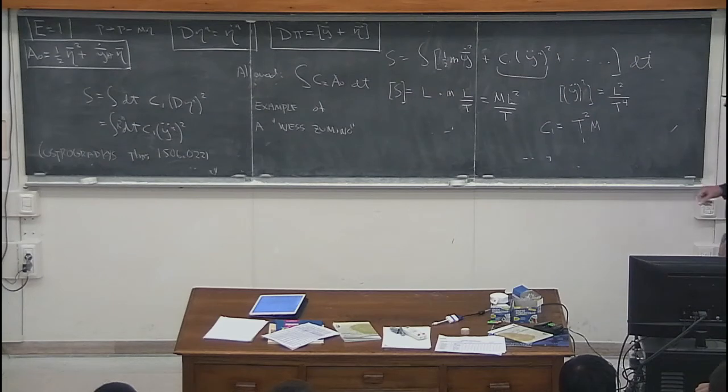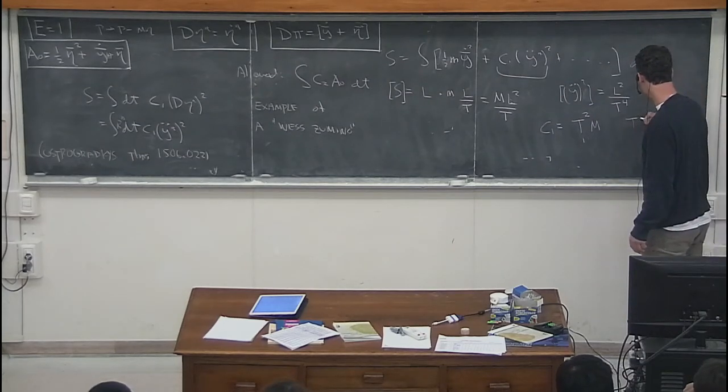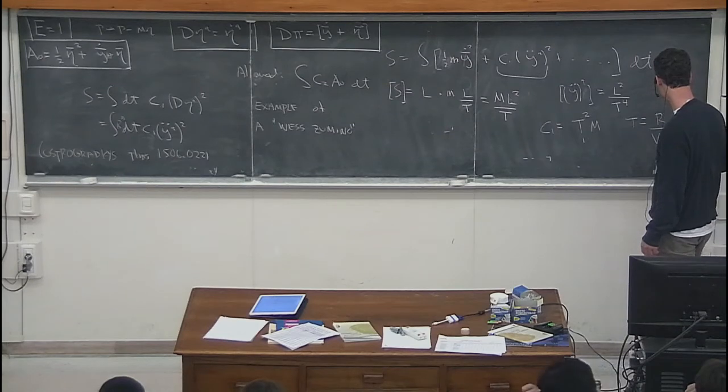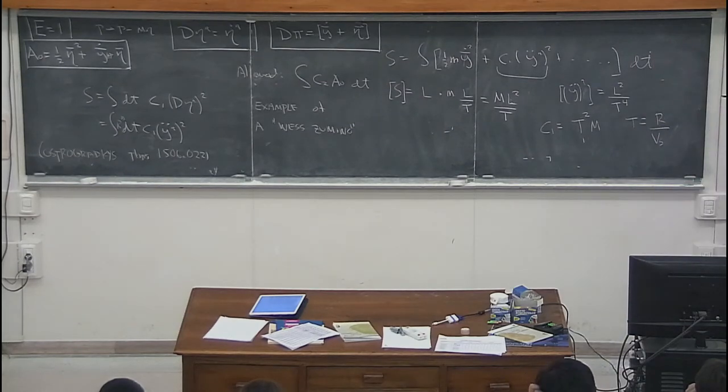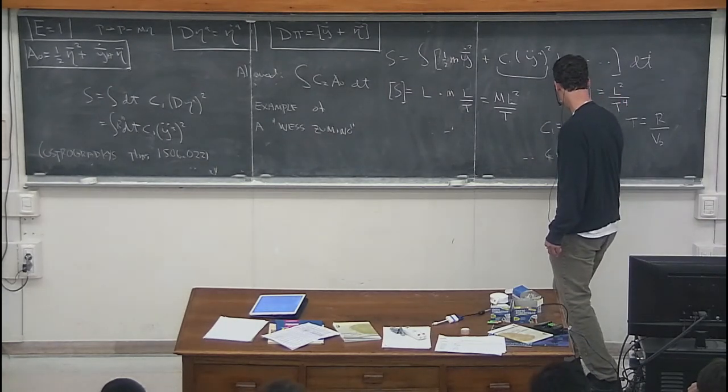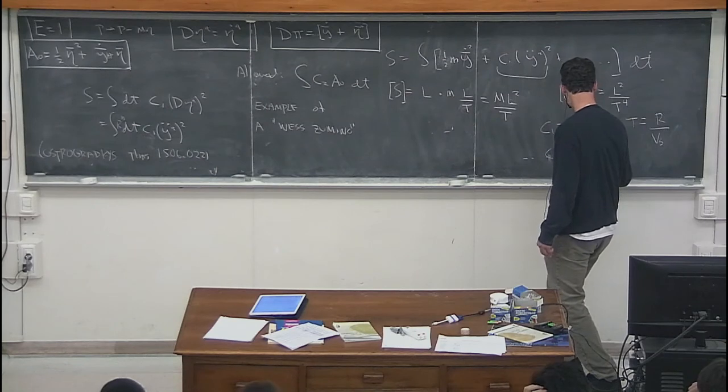So it's natural to think that t goes like the radius of the particle over the speed of sound. So C1 is going to go something like radius squared times mass over the speed of sound squared.